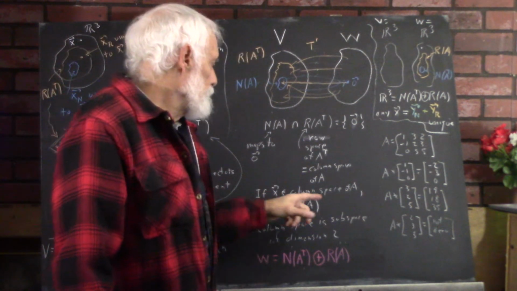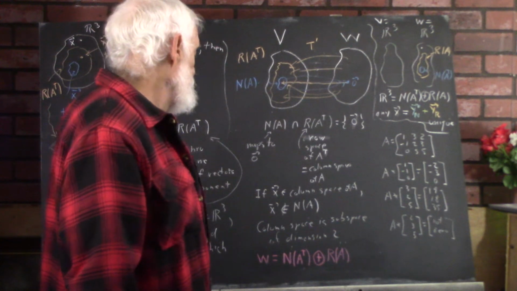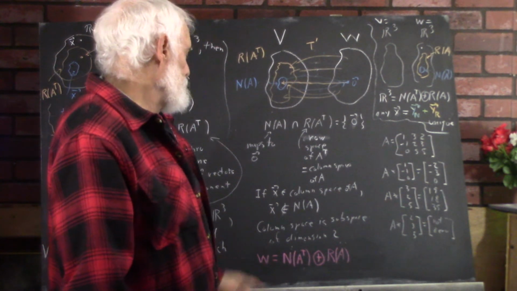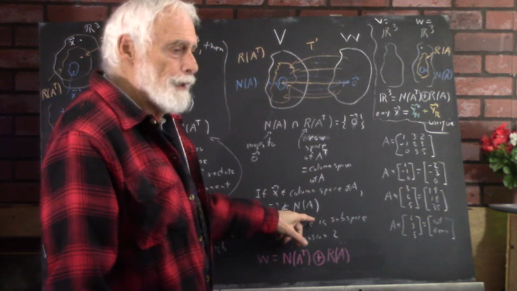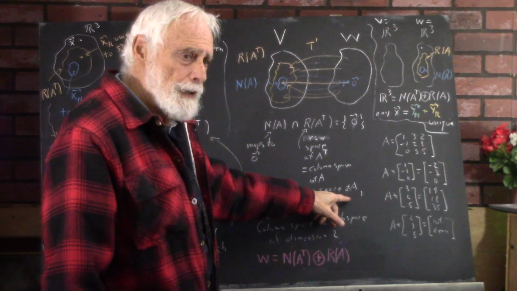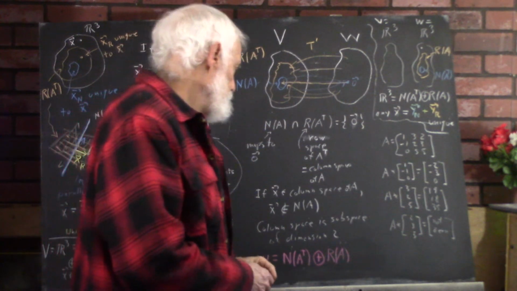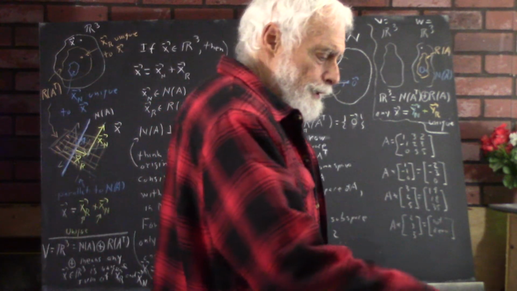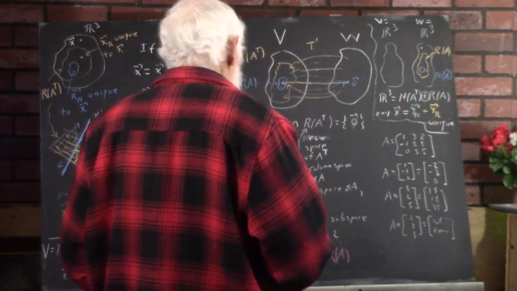Now, if X is in the column space of A, I'm just claiming that X is not in the null space, because if you take a column of A, it doesn't map to 0.